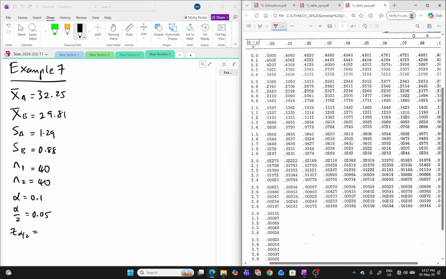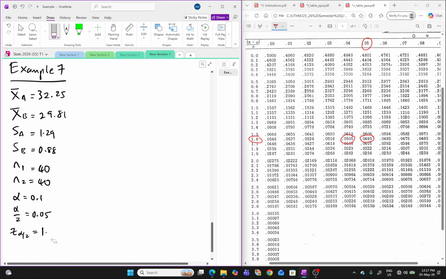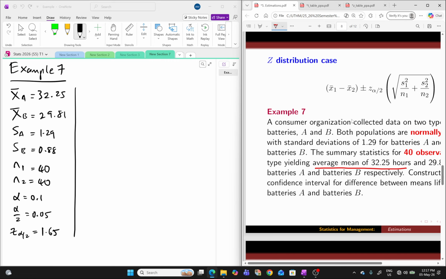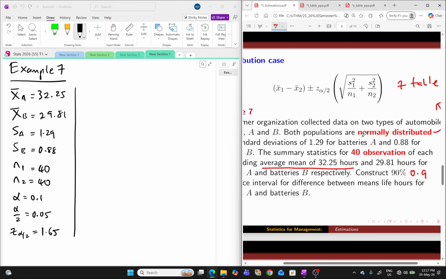I leave it to you. Maybe I will take this one, 1.65. This one also can, because the difference is same. You can take 1.64 or 1.65. Saya ambil 1.65 so nombor dia cantik. After that, use the formula. This is the formula now.